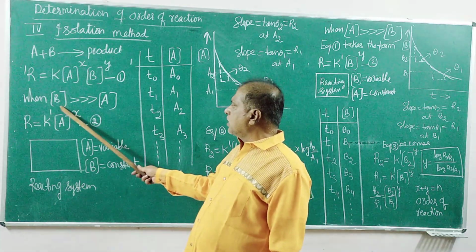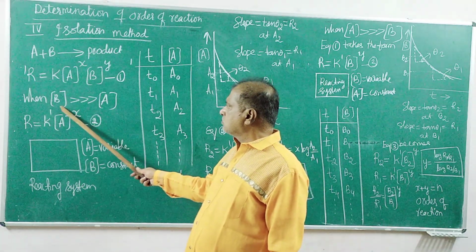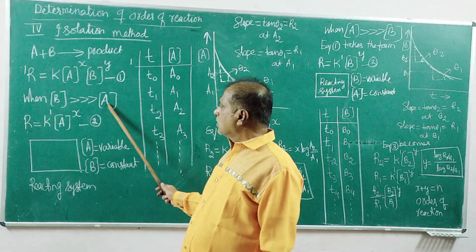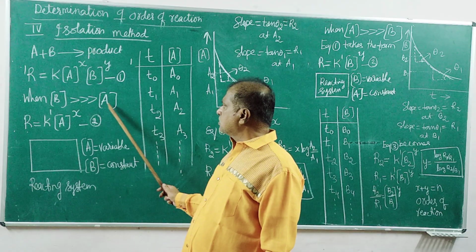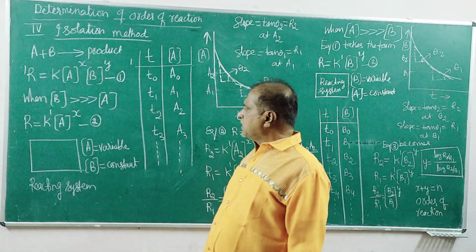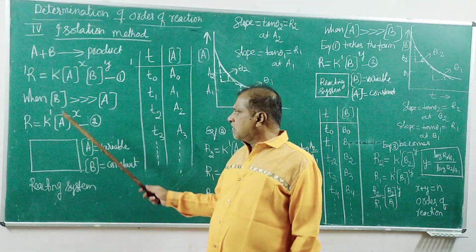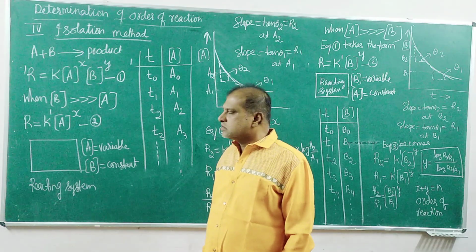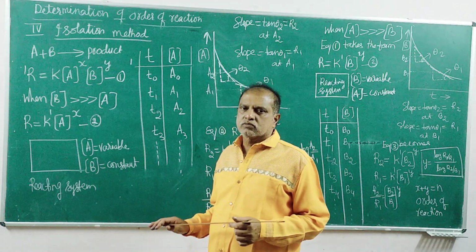We are keeping a very high concentration of B, comparatively to A. The concentration of A is very small, and the concentration of B is very high. If that is the case, the change in the concentration of B during the reaction is not appreciable.